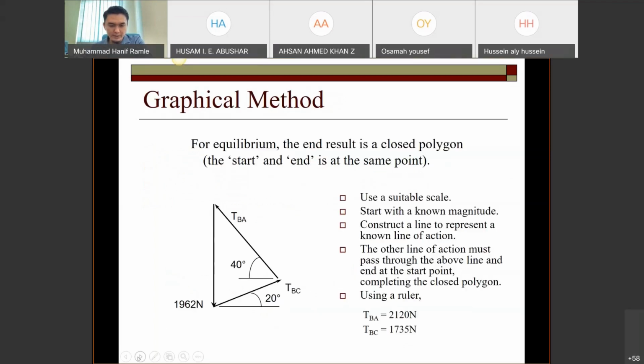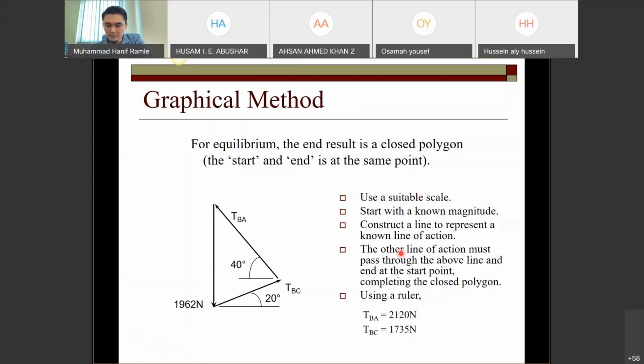A little bit about the graphical method. As I mentioned, you have to use a ruler and protractor, and a suitable scale. It depends on you: let's say 1 cm equals 50 Newton or 1 cm equals 100 Newton. Start with a known magnitude. Construct a line to represent a line of action.